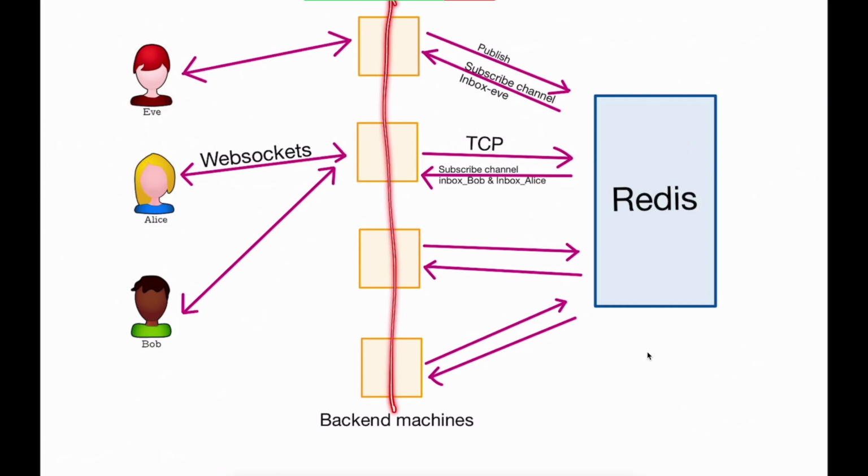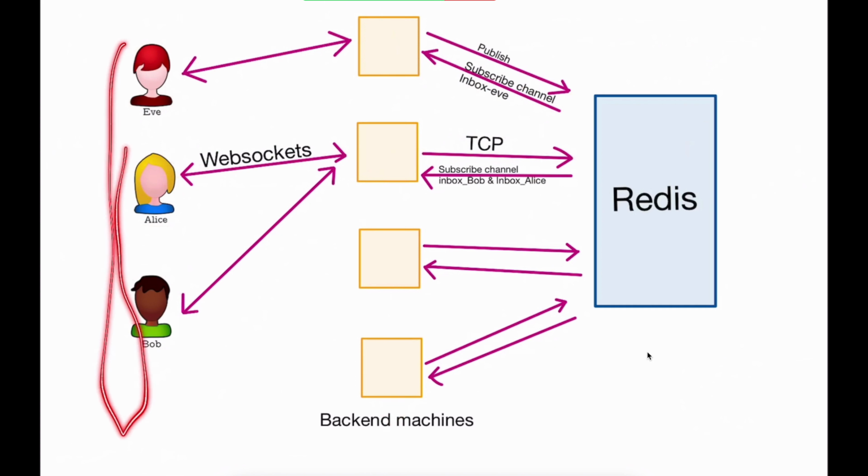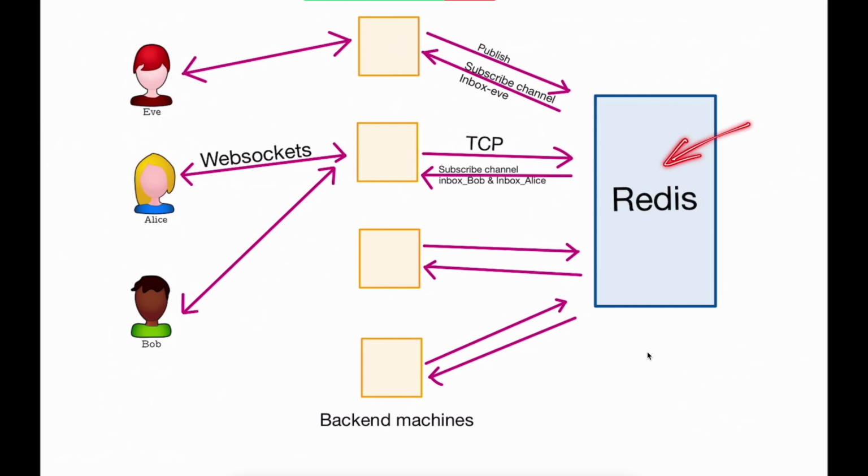Backend machines can keep on getting scaled, no issue here. People can keep on adding backend machines as and when these users increase. And this Redis is also scalable. There is a lot of documentation around it. I might cover Redis specifically in the future, but you can take it that Redis is also scalable.